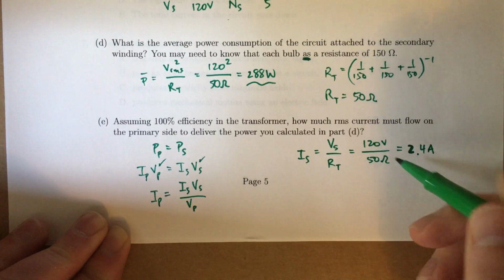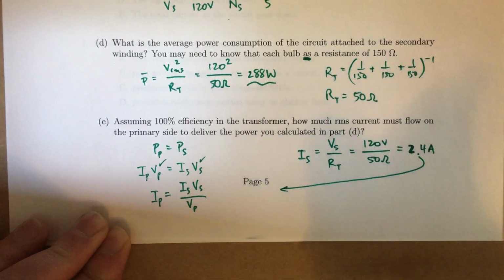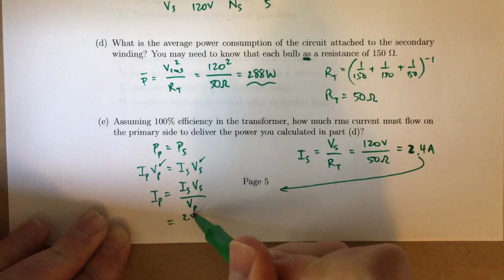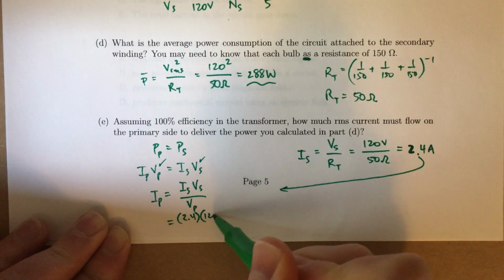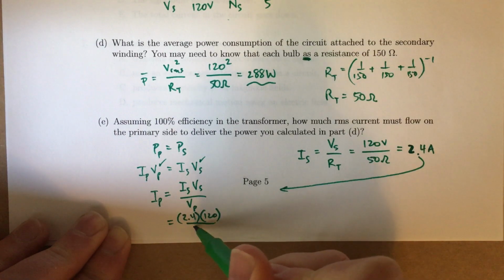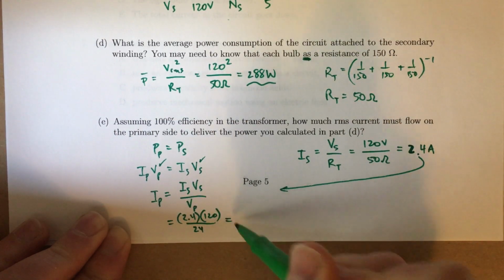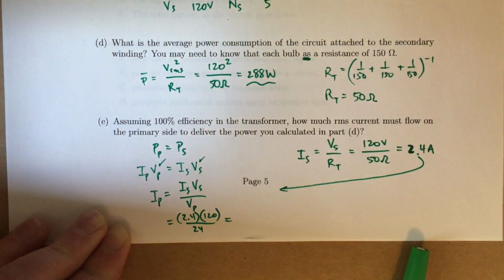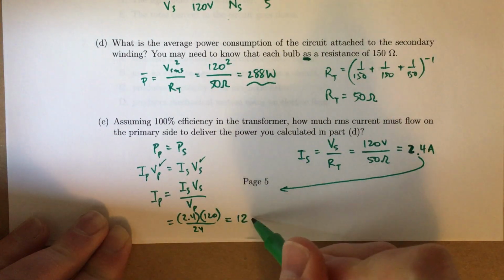Okay, and we can bring that right over there and substitute that in to get 2.4 times 120 divided by 24. And if you put all of that together, you get, over here with my calculator, 288 divided by 24 is 12 amps.